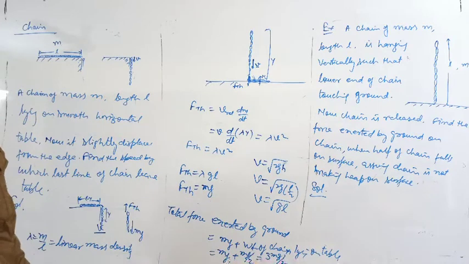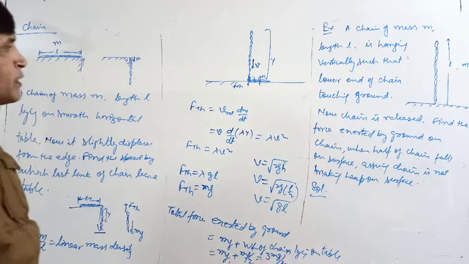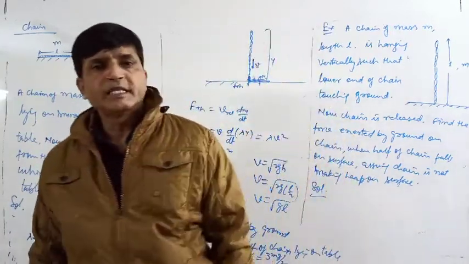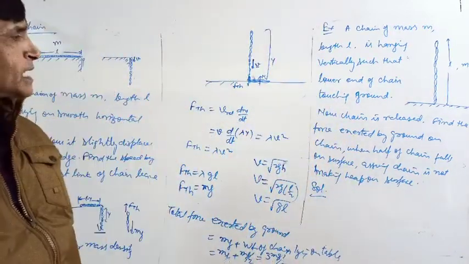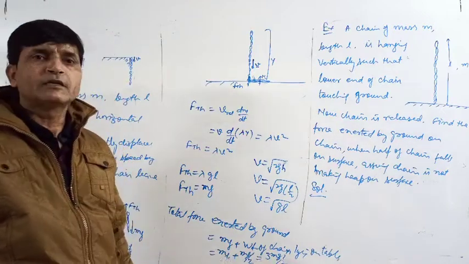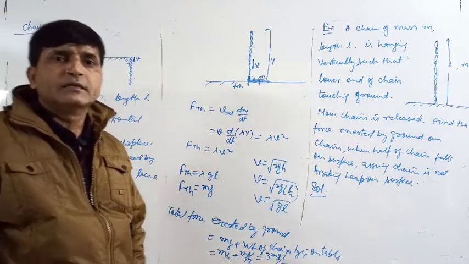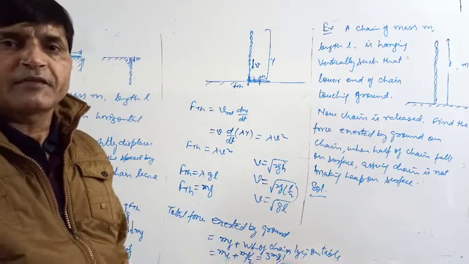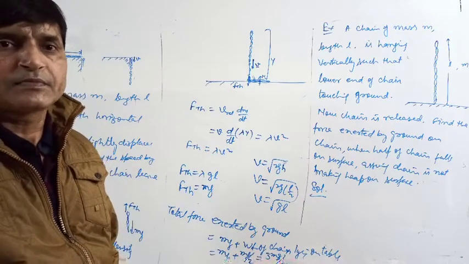Okay, so these are some examples based on the variable mass system. Now this part is completed. Next class onwards we will start impulse and momentum, and after that I will start collision.